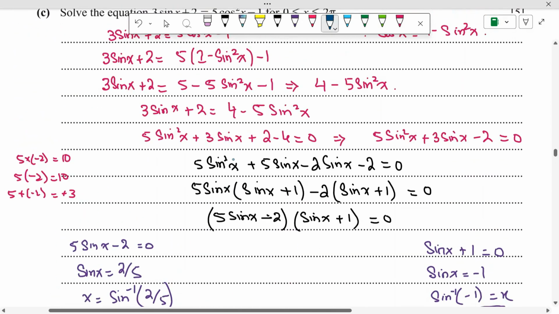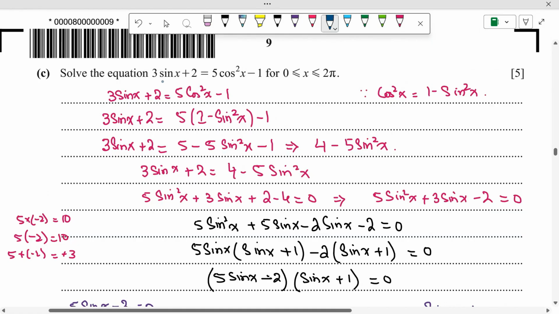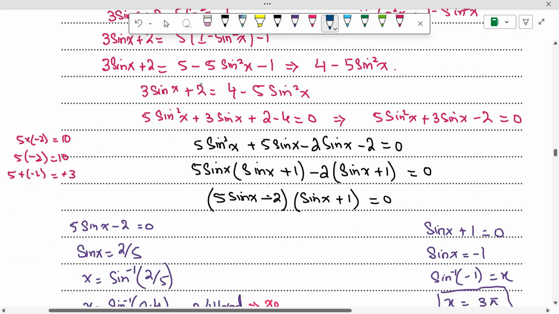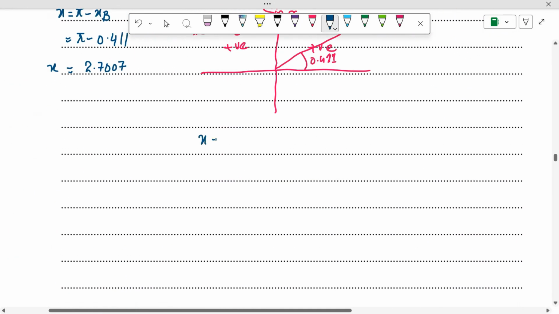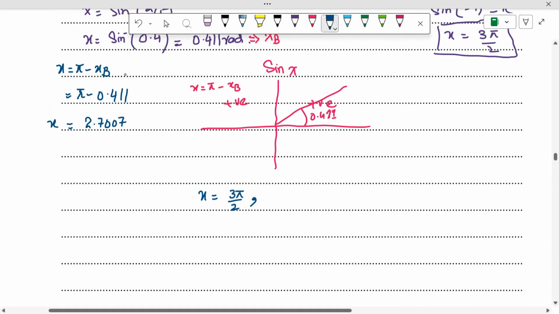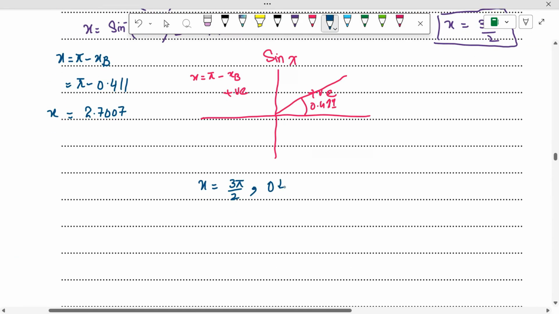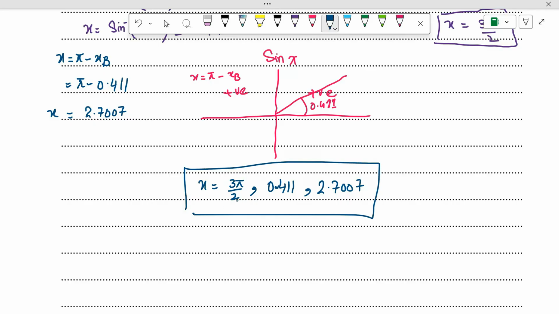So we have three solutions for the given equation. We can say that x is equal to 3 pi by 2, and we have another value which is 0.411, and we have another value which is 2.7007. So these are the required solutions.